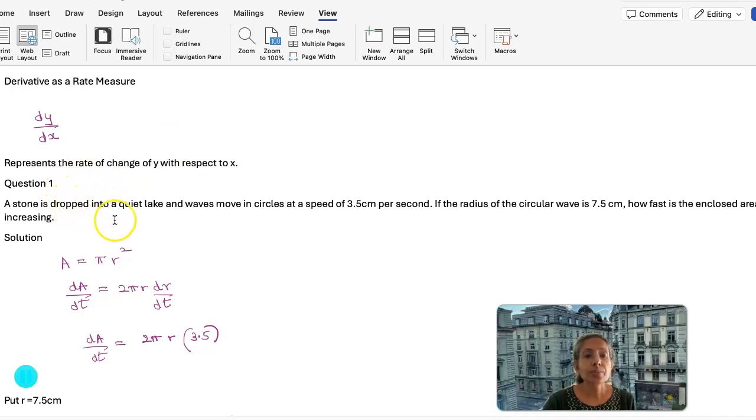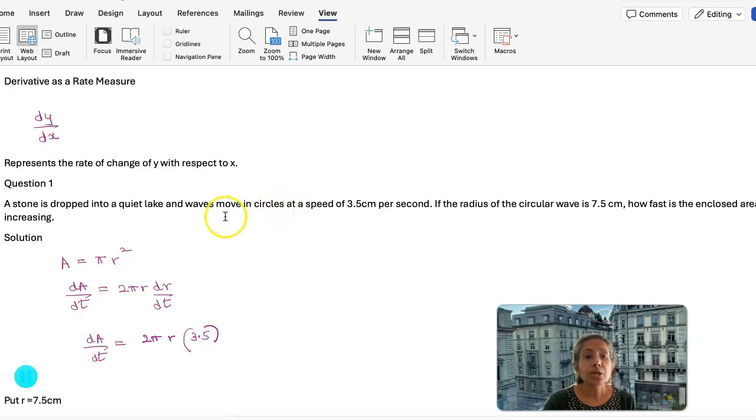A stone is dropped into a quiet lake and waves move in circles at a speed of 3.5 centimeter per second. If the radius of the circular wave is 7.5 centimeters, how fast is the enclosed area increasing? Now area is pi r squared, so dA by dt becomes 2 pi r dr by dt, differentiating with respect to t.